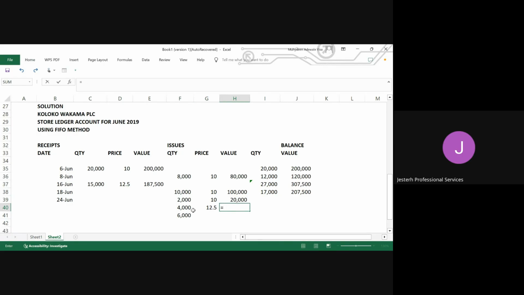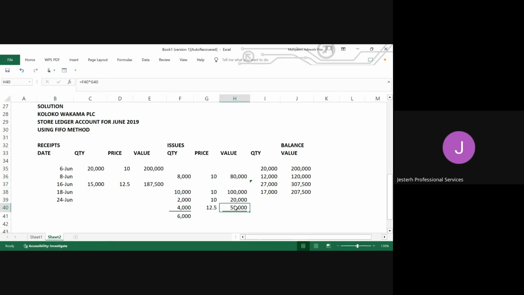Now, what are you going to do for you to get the value of what you issue out from the 15,000? Remember, they asked us to issue out 6,000. The method that we are using, first thing first, we consider the old stock first, then we consider the new stock. We have issued out everything that we have in the stock for the old stock.